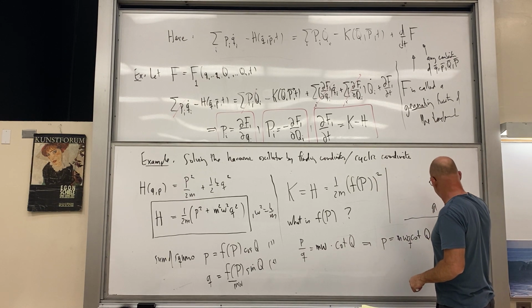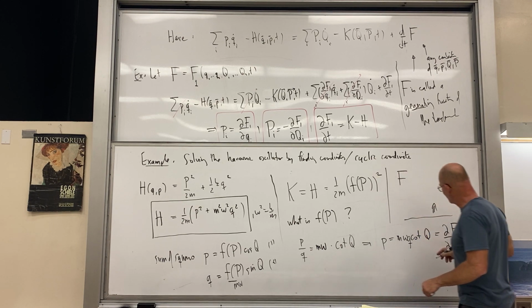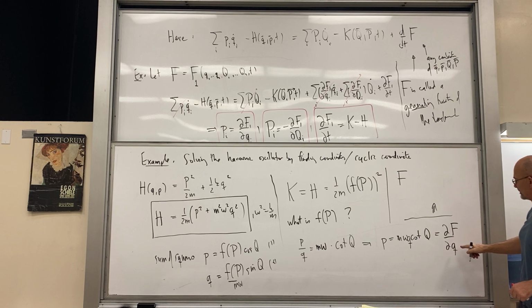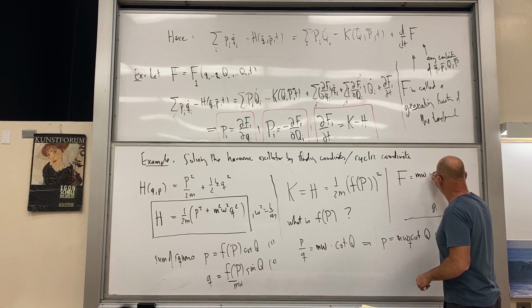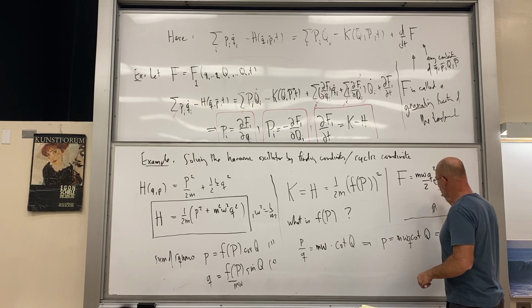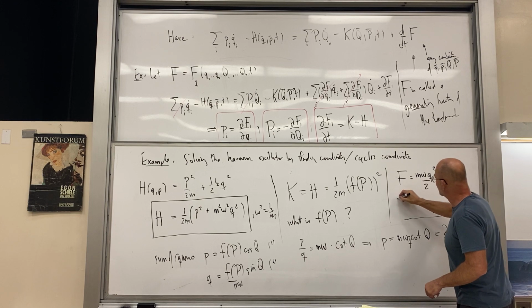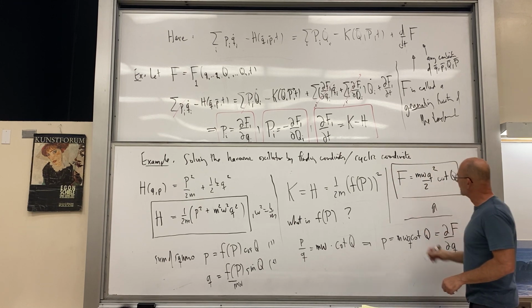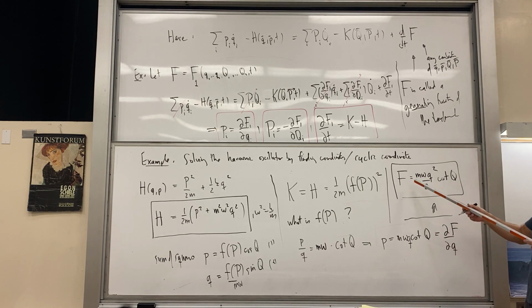So f, which is the function that we're looking for, is equal to m omega q squared over 2 cotangent of capital Q. And that is our f of lowercase q and uppercase Q.